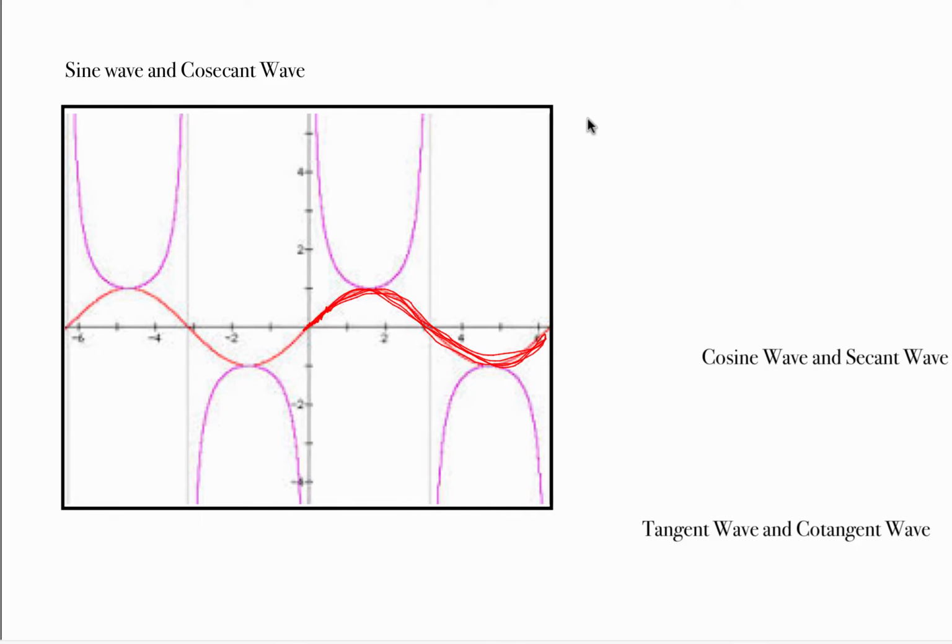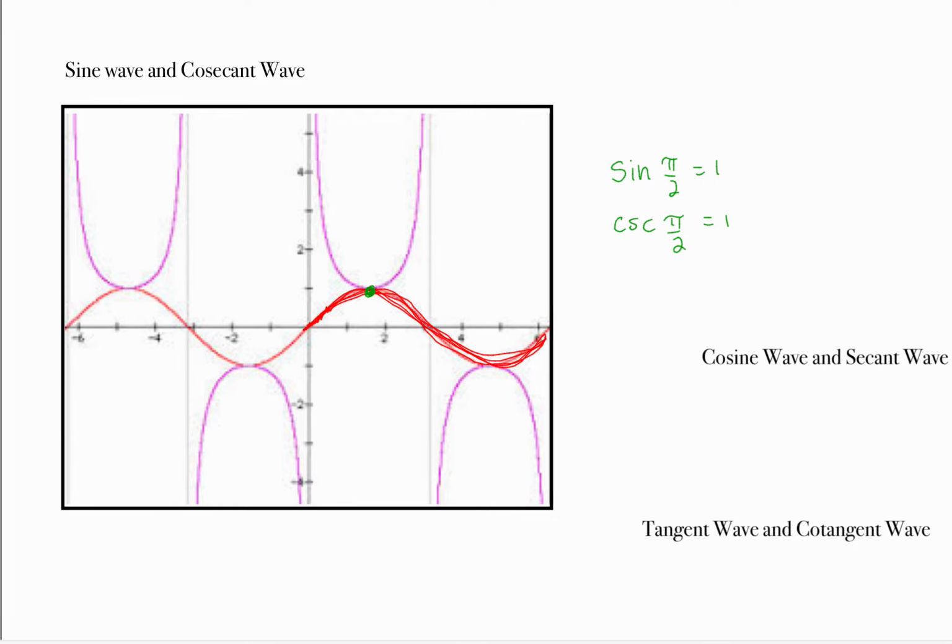And reciprocal means to flip. So if we started with the easiest number to flip, that would be 1 right here. When I flip 1, remember the sine of pi over 2 is 1. So when I flip 1, that also means the cosecant of pi over 2 is 1.